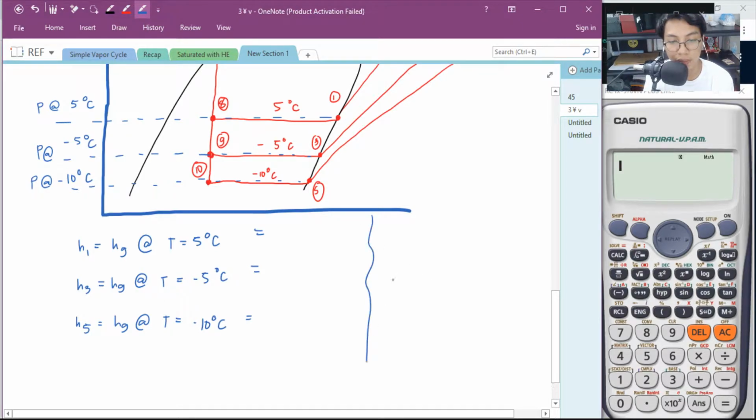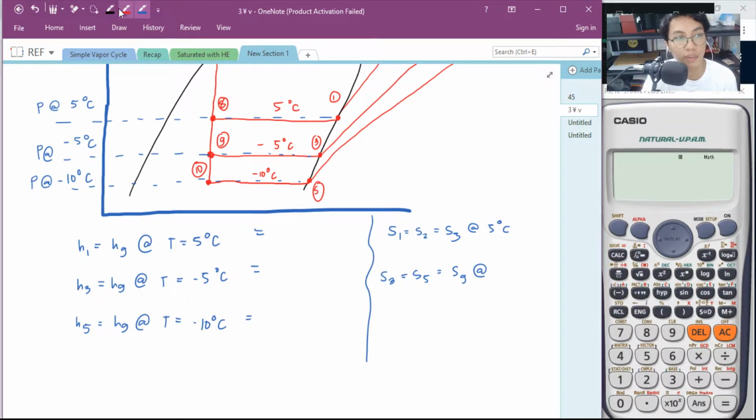Okay. Dito sa kabilang side, hanapin natin si Sg. Kailangan natin hanapin si S1 is equal to S2. That is Sg at 5 degrees Celsius. Si S3 is equal to S5, Sg at S5 tuloy.